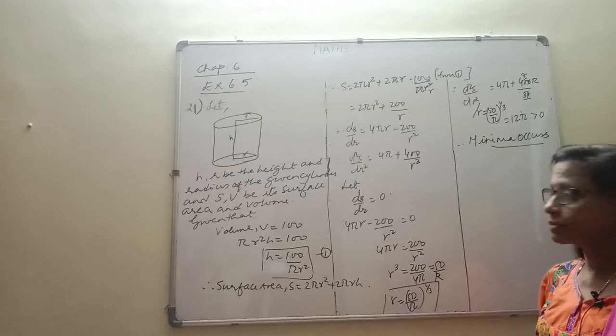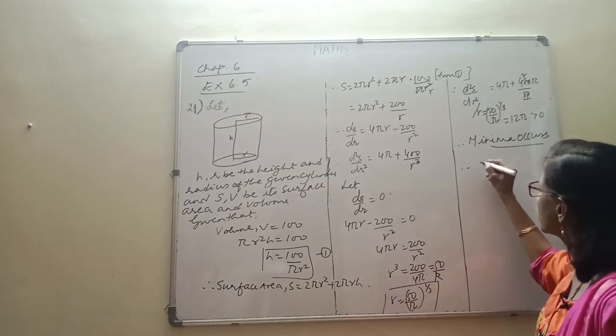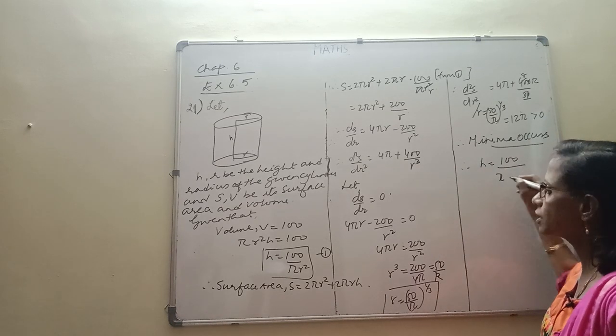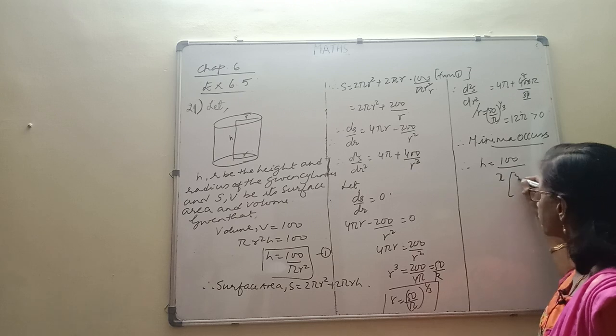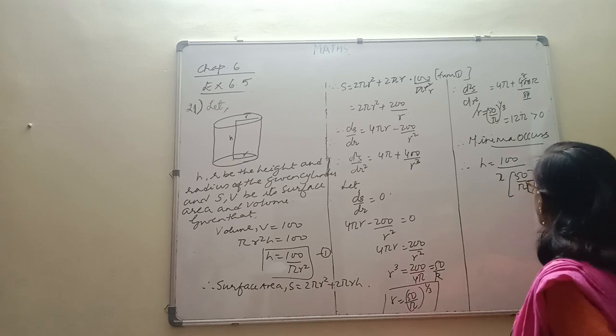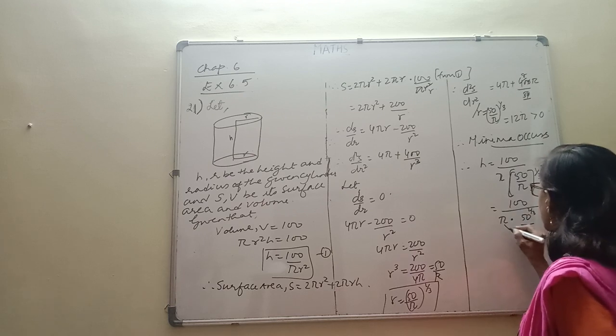They ask us to tell the dimension. R we have already got. Let's get h. So h is 100 over pi r squared, which means r is 50 over pi raised to the cube root and then raised to 2 because it's r squared. So this is going to be 100 over pi, and this is now going to be 50 raised to 2 over 3 and pi raised to 2 over 3. Let's simplify these two.